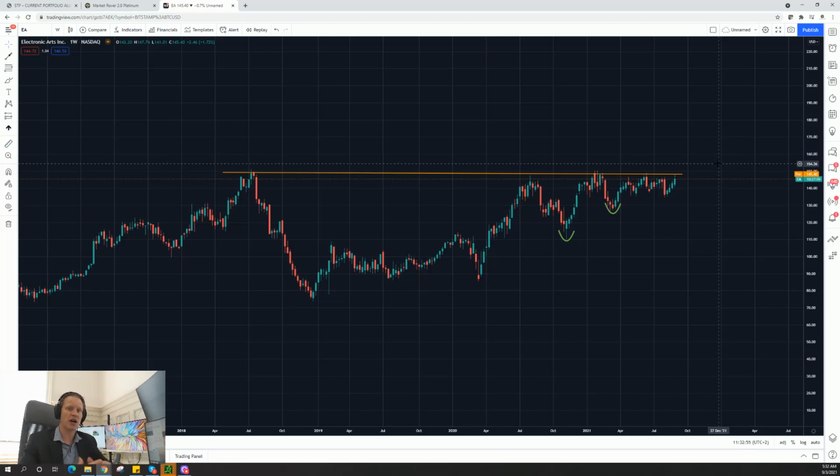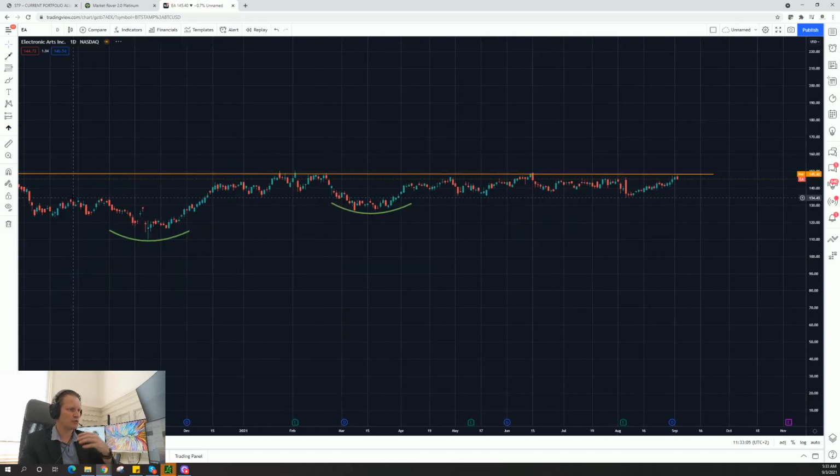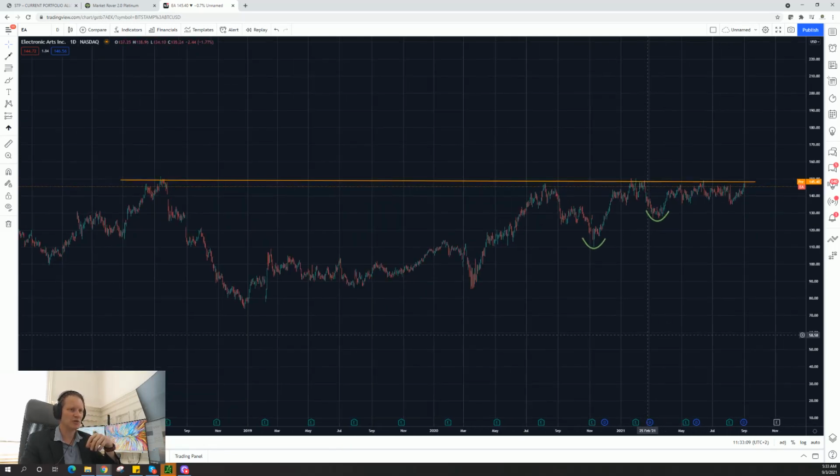That would constitute a breakout on this chart, since this is a multi-year chart looking in weekly time frames. What people tend to do is look at this long-term chart but start treating it on a daily basis. They look at a daily chart and say, okay, the daily chart is now at 151 on a closing basis on what's really been a multi-year trend.